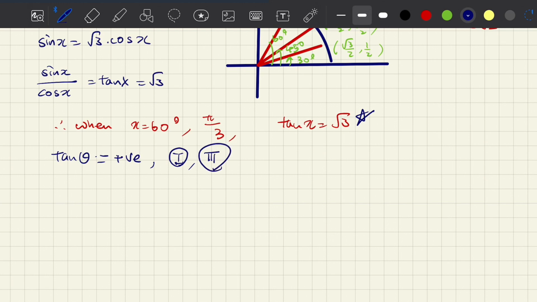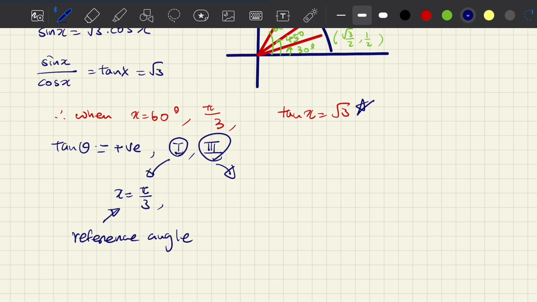In the first quadrant, our x value is equal to pi over 3. Using this as our reference angle, we can find our values in the third quadrant using the deduction formula.